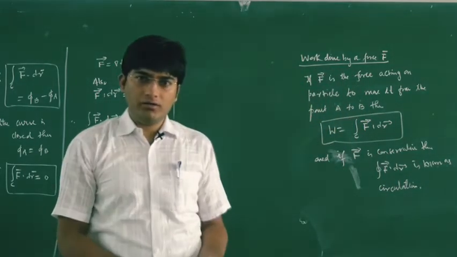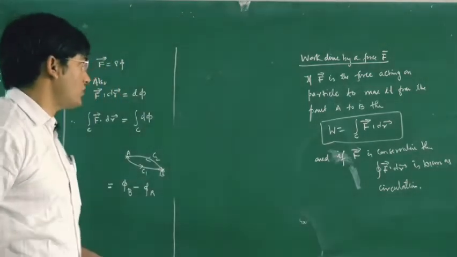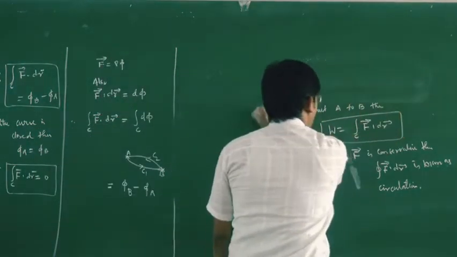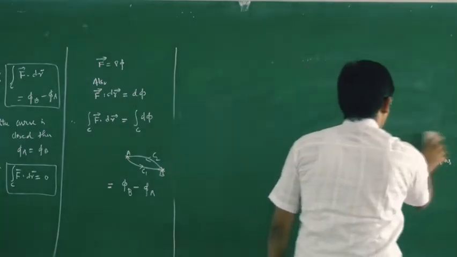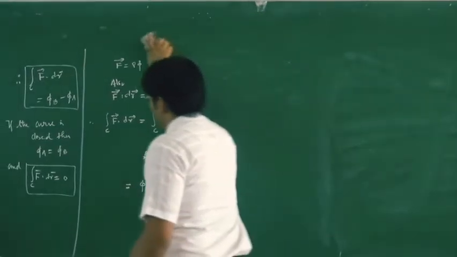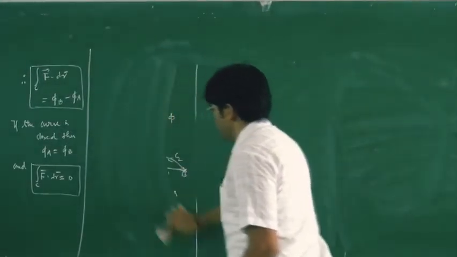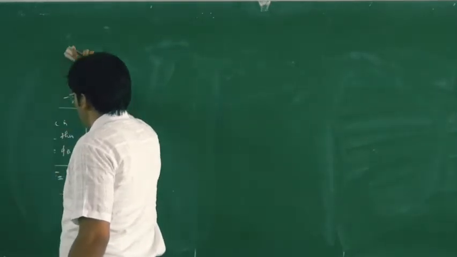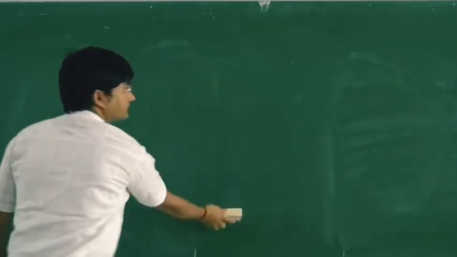Now let us solve a few questions based on this line integral. Here we will evaluate the work done by a force to move a particle from one point to another point, and also we will solve line integrals between two points of a curve.